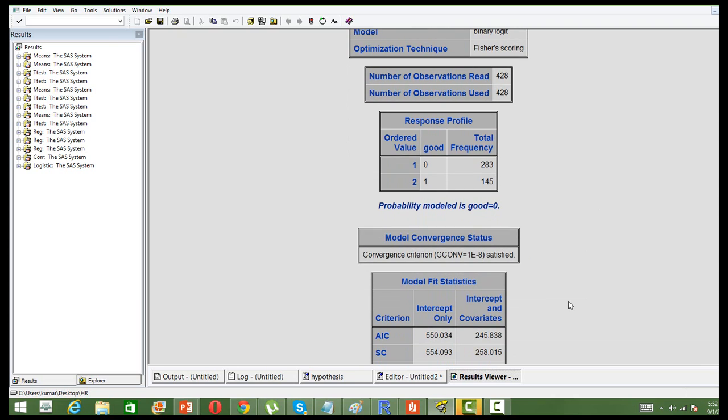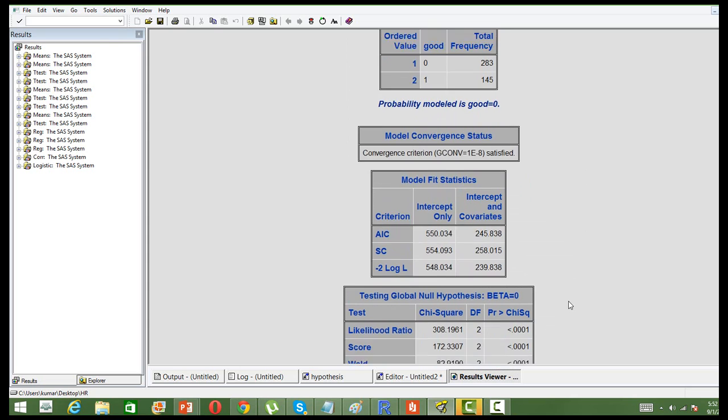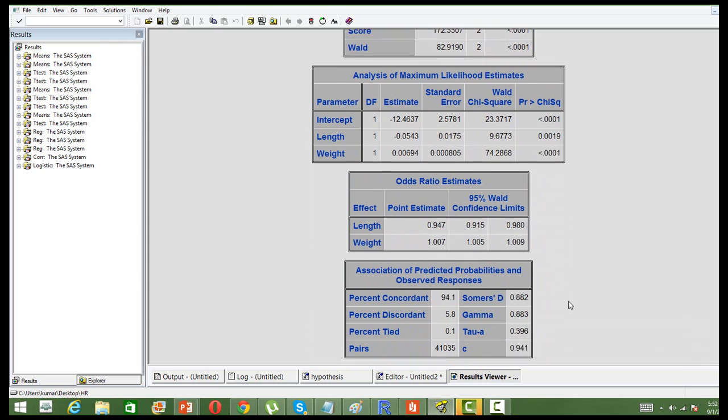There will not be T statistics. So I'll explain what are the things to look at here.